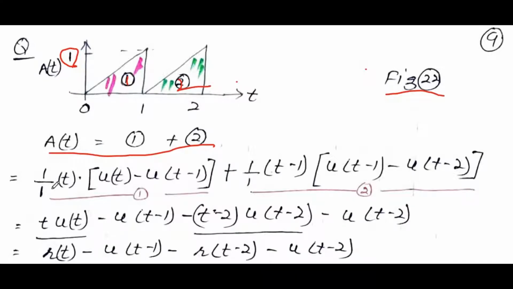First of all, this is the slope, 1 minus 0 divided by 1 minus 0, into t minus 0, the intersection point, will be t. Then this is the gate function from u of t minus 0 to u of t minus 1. So this is the expression for 1.